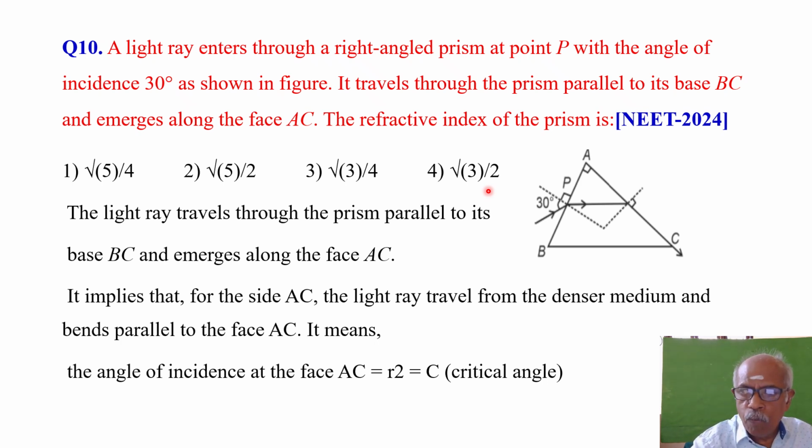Let us find it. Of course, it's a somewhat lengthy question. The light ray travels through the prism parallel to its base BC and emerges along the face AC.